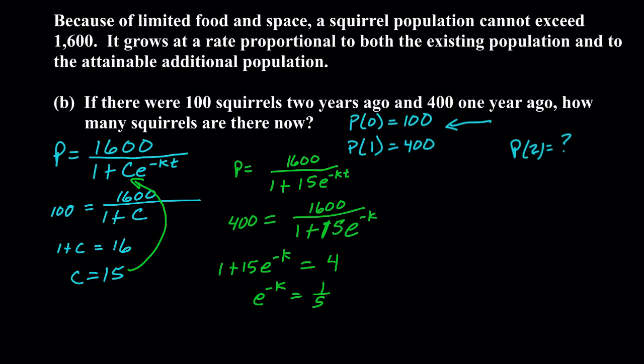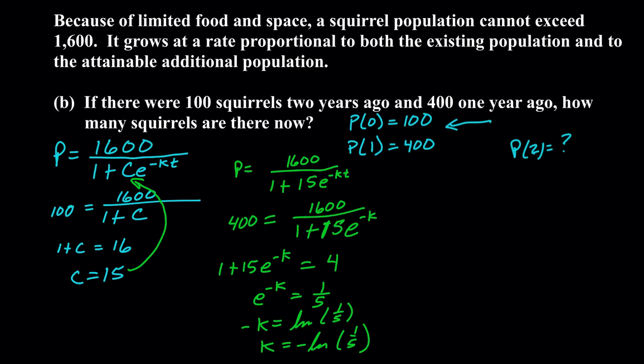So the natural log of both sides will yield negative k equals natural log of 1/5. Or in other words, k is equal to negative natural log of 1/5.